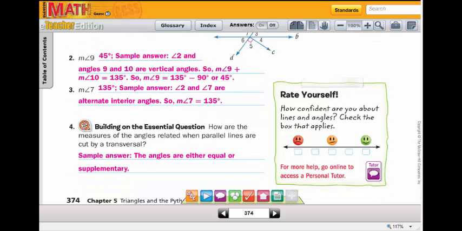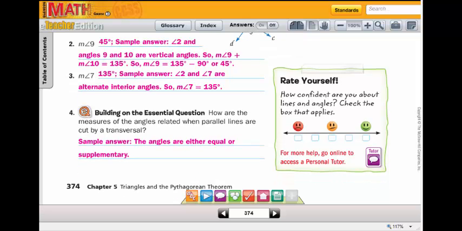Lastly, let's move down to our building on the essential question. How are the measures of the angles related when parallel lines are cut by a transversal? And we can say that the angles are either equal or supplementary. That's the key thing. You need to realize which angles are corresponding, alternate exterior or alternate interior.